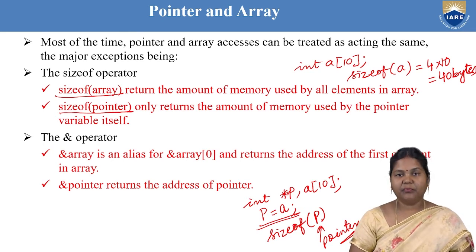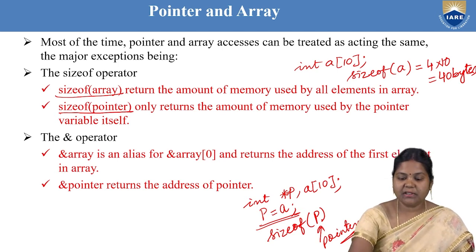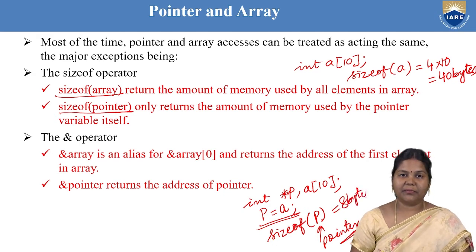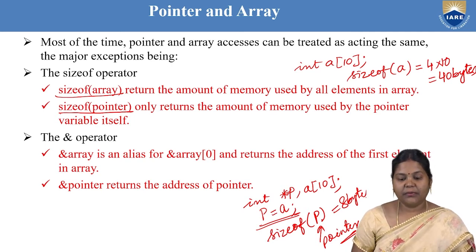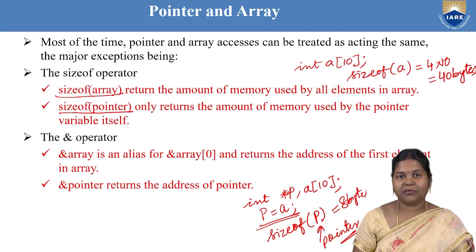It will be 4 bytes or 8 bytes depending upon your system or configuration. In most cases you will get 8 bytes as the size of the pointer variable. That is the amount of memory used by the pointer variable. So this is one of the major differences in terms of the sizeof operator.